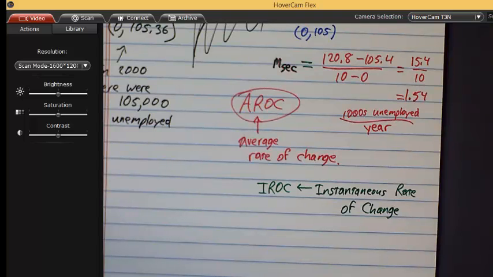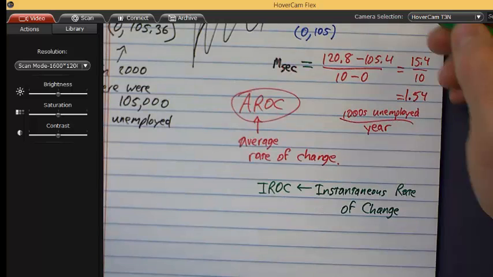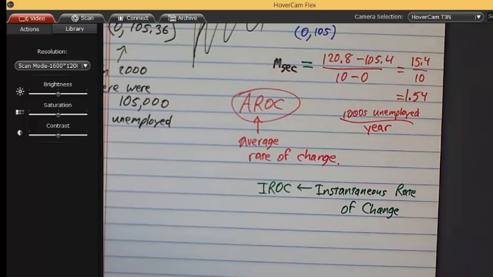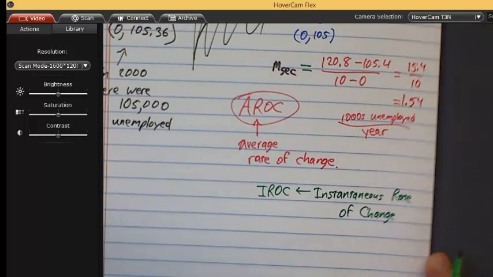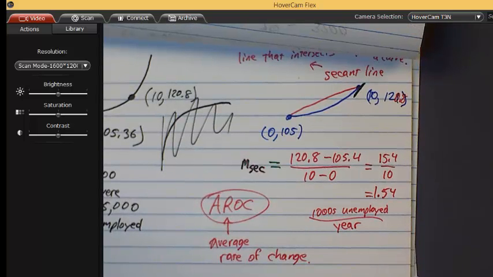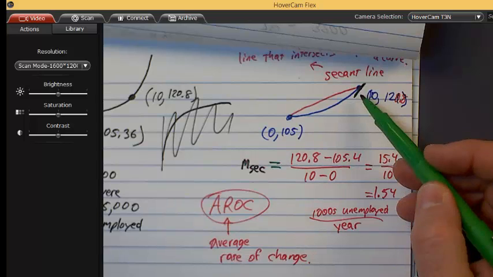What was the rate of change in the year 2010? See, in the year 2010, I'm like this. Oh, I can't see that, sorry. In the year 2010, jobs are being lost.